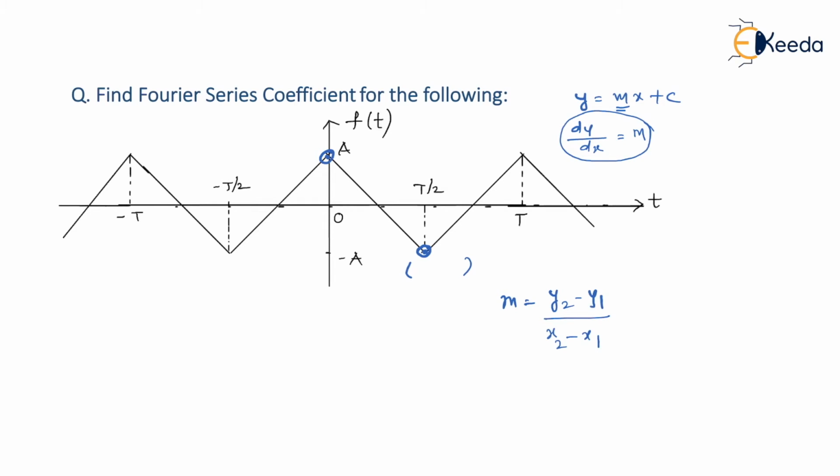On x you have t by 2, and on y you have minus a. Whereas for this point you have x1 value equal to 0 and y value equal to a.